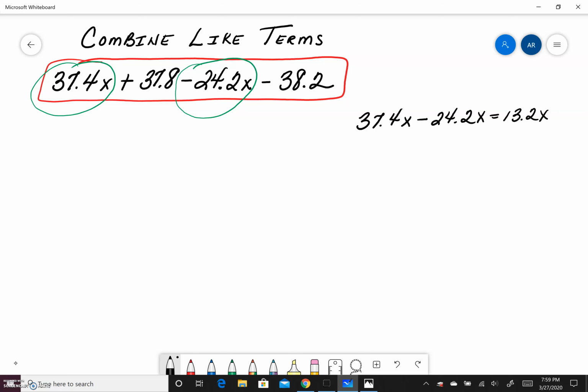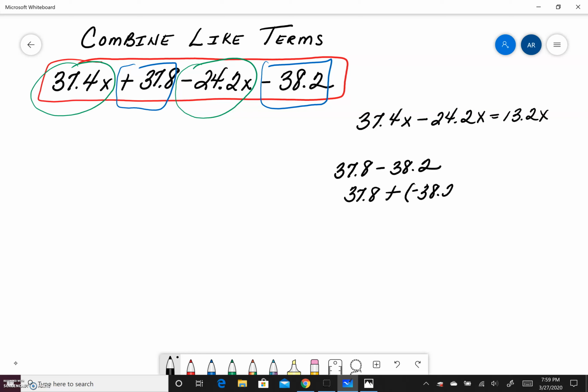And now I'm going to deal with my second set of numbers, and I can see this one and this one, they're alike. So again, I'm going to go off to the side and write those out as 37.8 minus 38.2. And remember, we're going to rewrite this as 37.8 plus a negative 38.2.